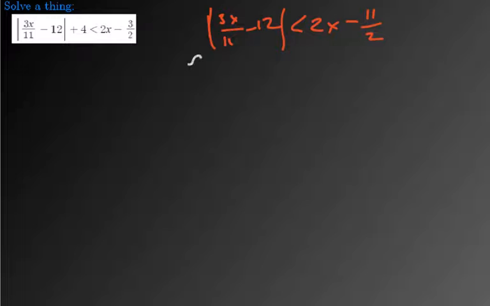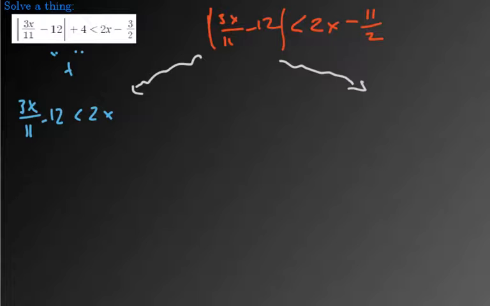Then the way these problems always work is we basically get two problems to solve. So we have our positive case, where you can just drop the absolute value. And then you have your negative case, where you don't want to just drop it, you want to negate everything in there.